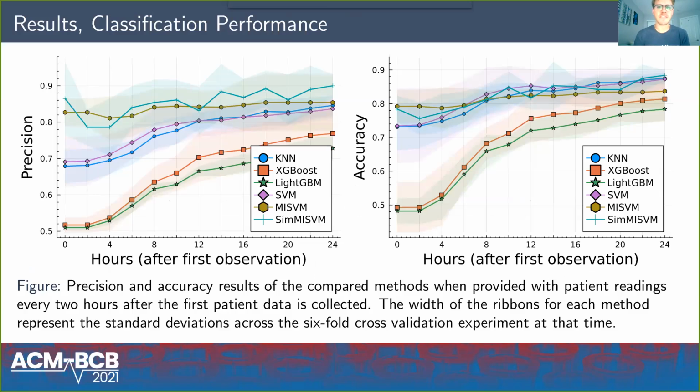We can see on the left-hand side of both of these figures, particularly in the precision side, that the two multi-instance learning methods improve the prediction performance early on in the ICU stay. This gives evidence that the multi-instance learning approach proposed may be useful in predicting COVID-19 outcomes.